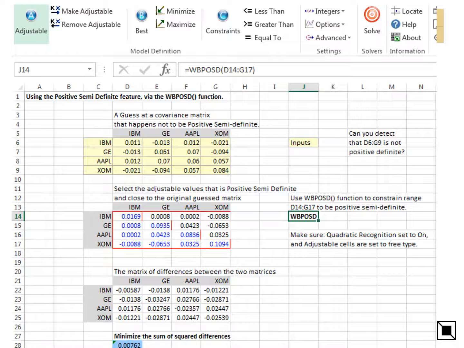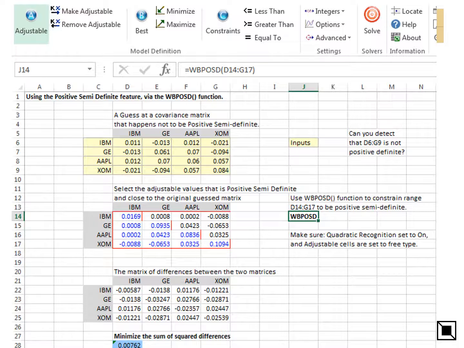We want to make this bottom matrix as small as possible, looking at the squared amounts of each element. So square each element, sum them up, and that's what we want to minimize. So down at the bottom, our objective is to minimize the sum of squared differences. And the only constraint is that this middle matrix has to be a valid covariance matrix.